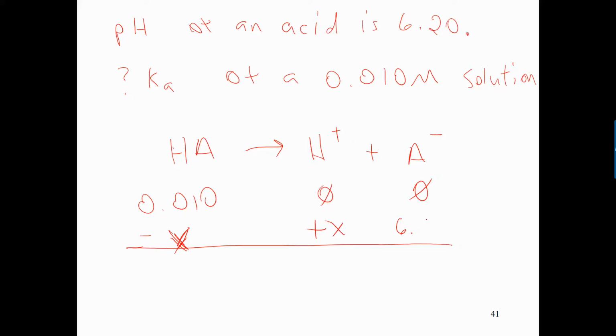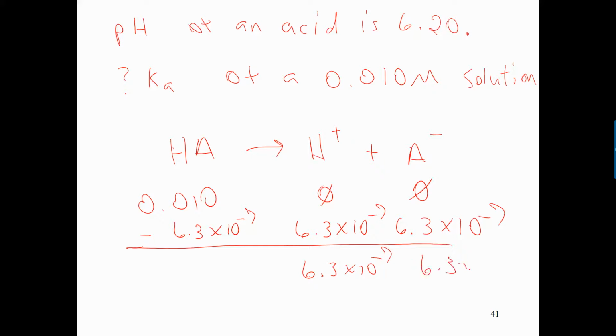So what is it? 6.31 times 10 to the -7. So that means that's that, this is that, and this is minus 6.3 times 10 to the -7. 0.01 minus 6.3 times 10 to the -7 is what? 0.01.